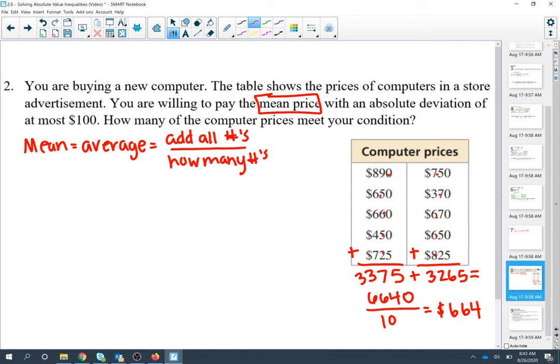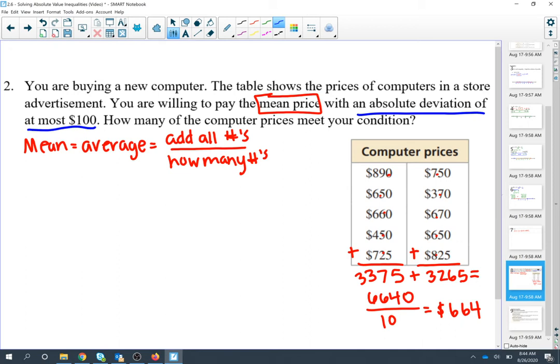Okay, so let's go back and see what we're dealing with here. You are willing to pay the mean price. So we're willing to pay $664 for this computer with an absolute deviation of at most $100.